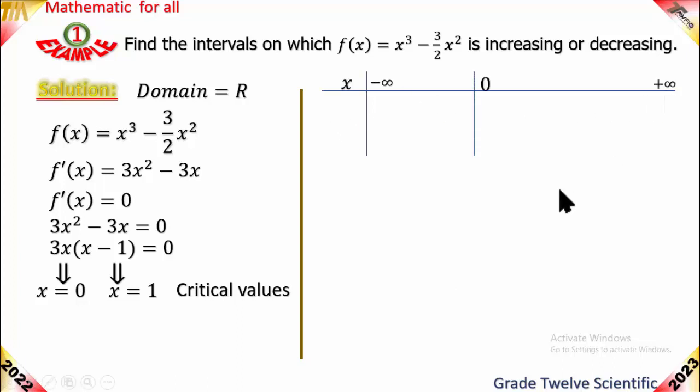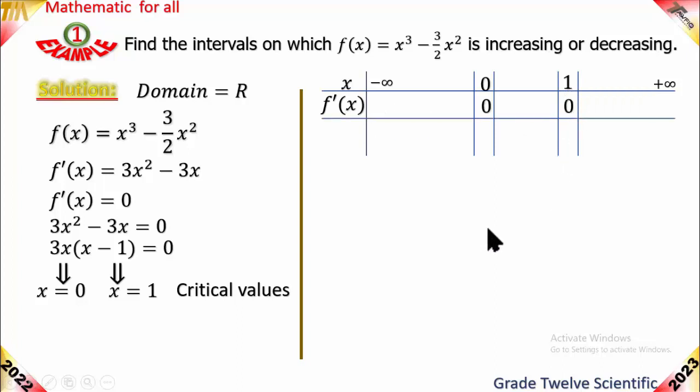The first critical point is 0, and the second critical point is 1. And now let us search for the value of f prime of x. At x equal to 0, f prime of x is 0. At x equal to 1, f prime of x is 0.